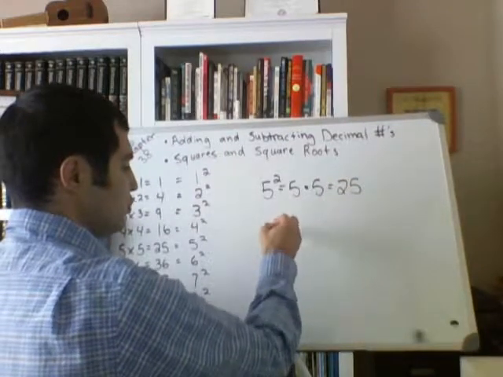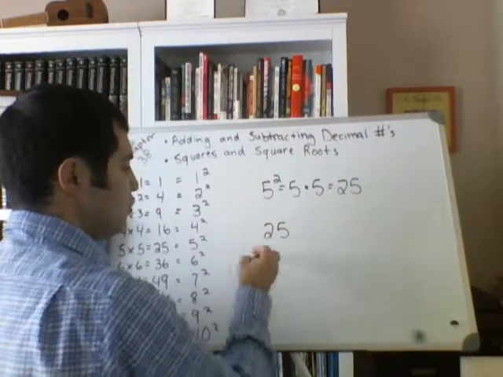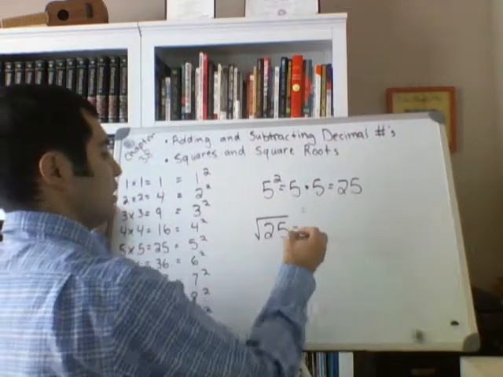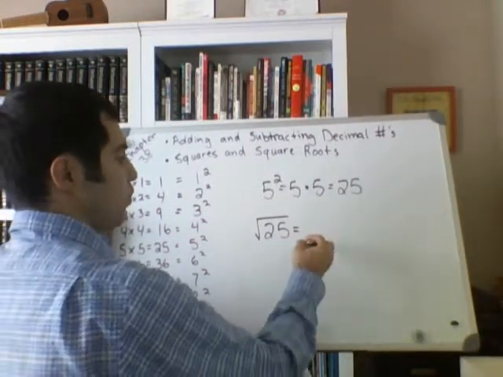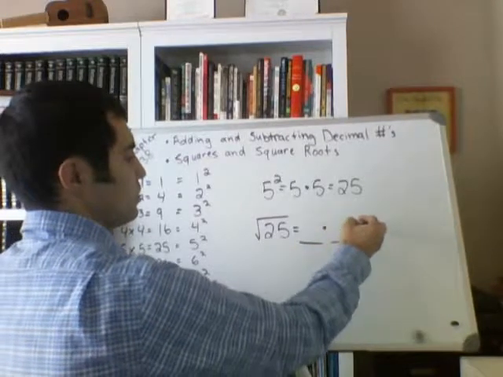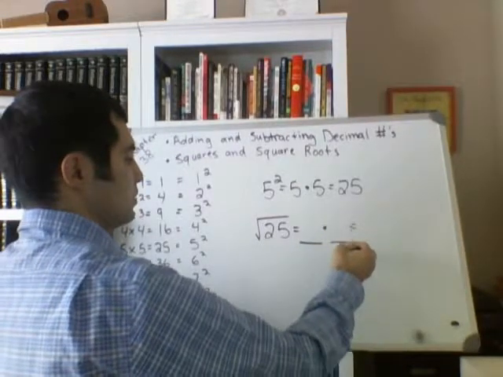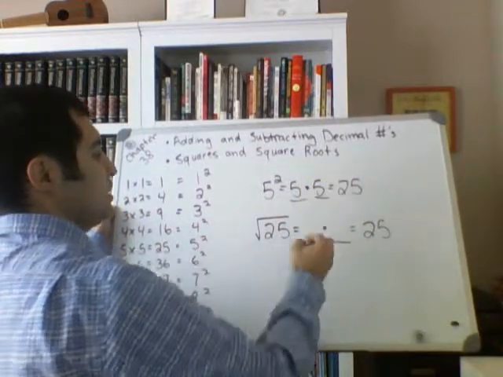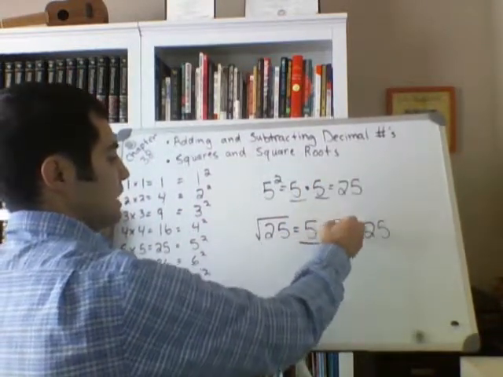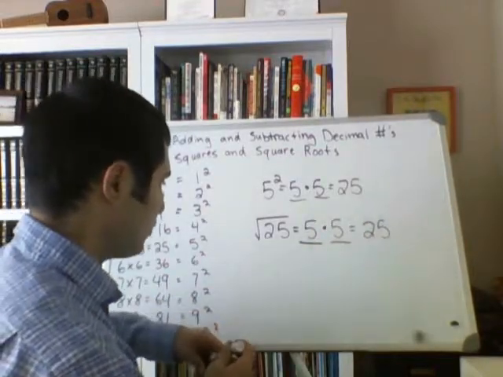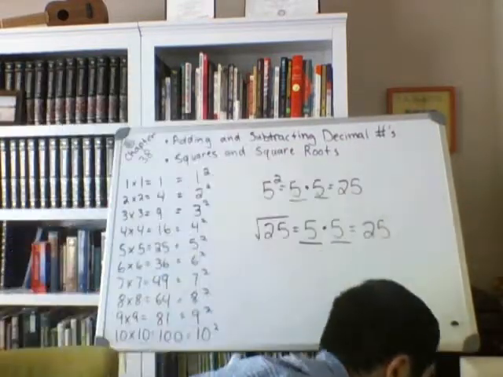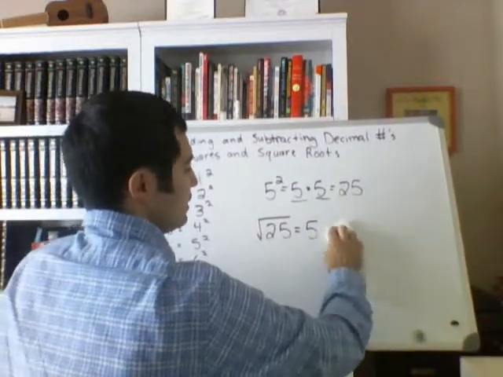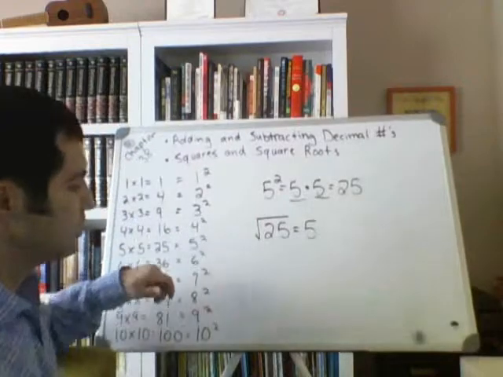Now if you have 25 and you want to know the square root of that, you're basically asking yourself what number times what number equals 25. And the answer to that clearly is 5. Okay? The only difference is the square root of 25, you're not going to write all this stuff out. You're going to just write the square root of 25 is 5.